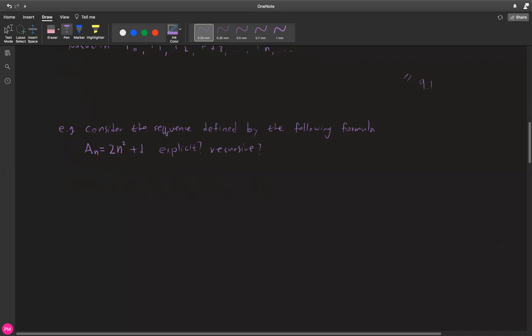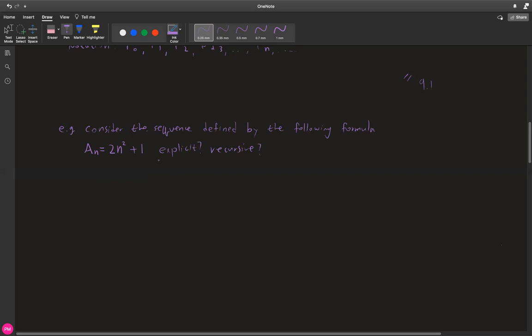Here you can see that this formula, even though it looks a little complicated, does not depend on any of the previous terms in the sequence. In order to find the nth term of the sequence, you just have to replace this n with a certain number.